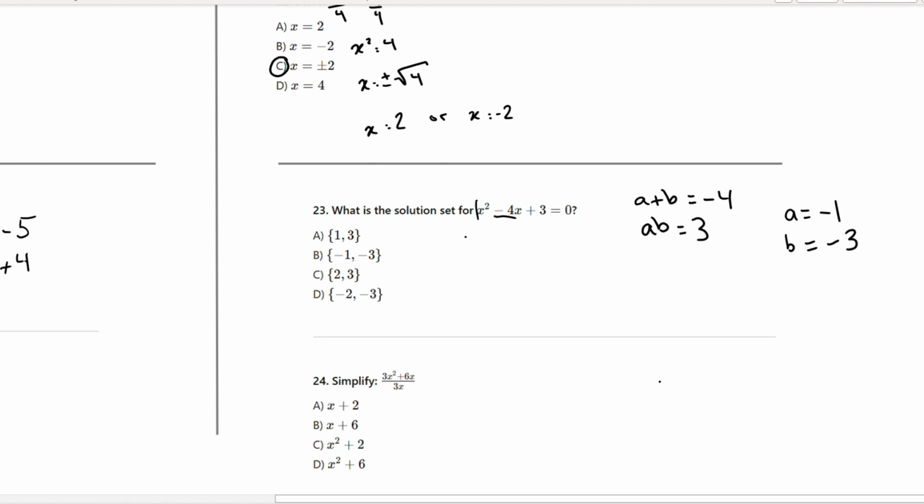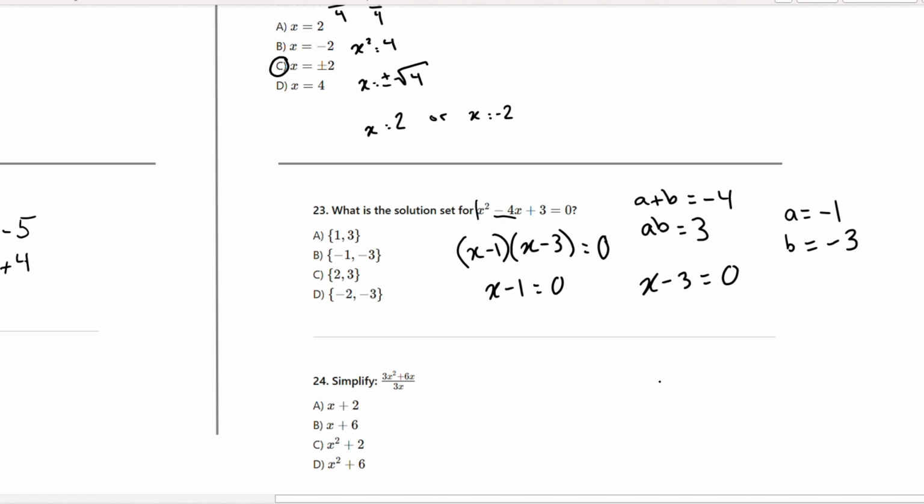So here we could factor it to be x minus 1 times x minus 3 equals 0. To make it 0, one of these has to equal 0. Either x minus 1 equals 0, or x minus 3 equals 0.